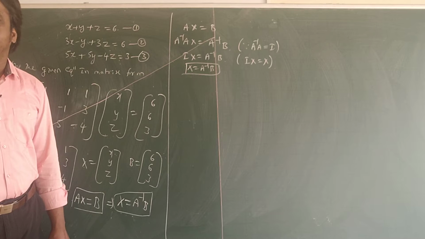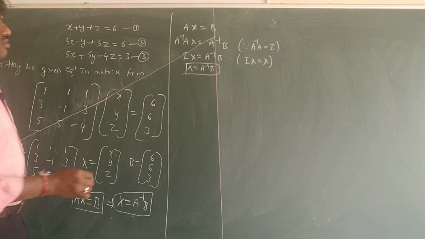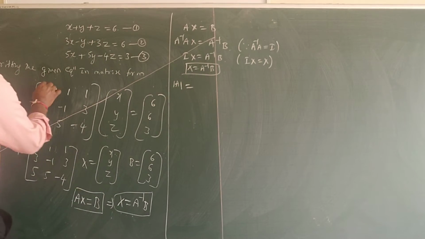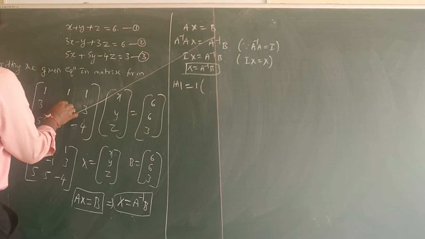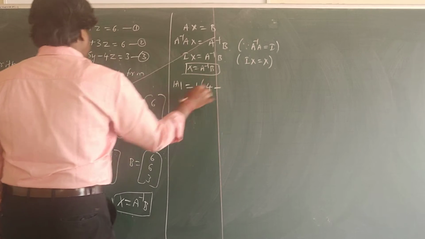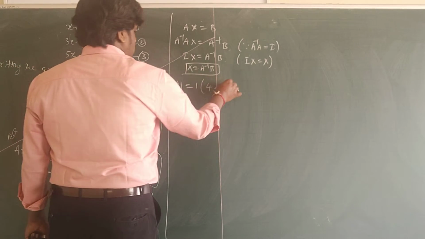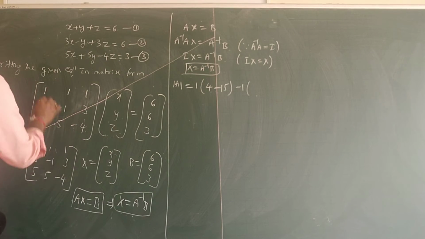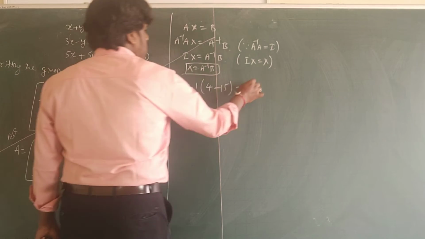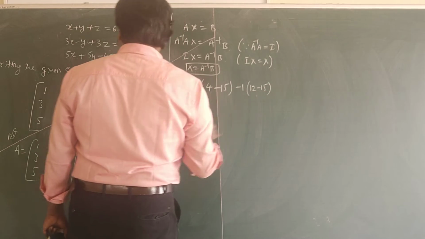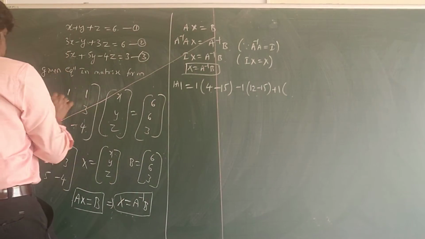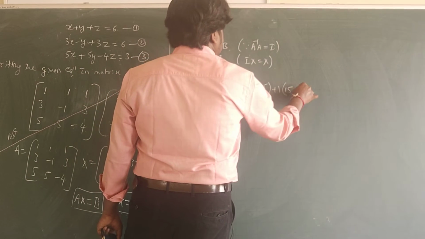So first we have to find A inverse. To find A inverse, first we have to find the determinant of A. So let's find the determinant of A. Determinant of A is 1 into minus 4 minus 15. Minus 1 into minus 3 fours are 12, 12 minus 15, or plus 1 into 3 fives are 15 plus 5.